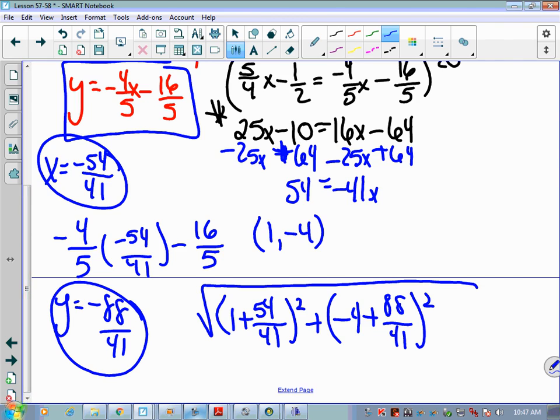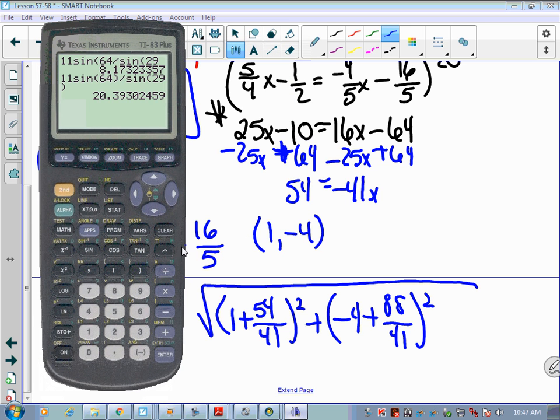So we can plug this all in at once, but we have to be fairly careful with our parentheses.